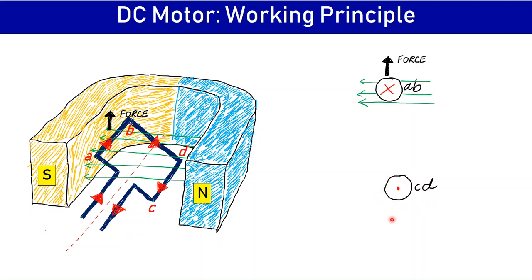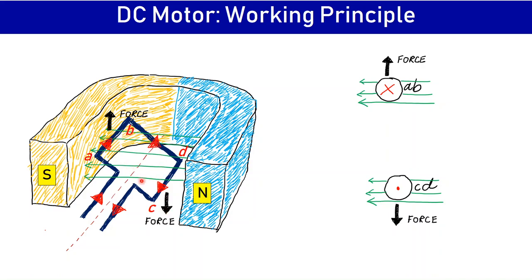So in this plane, we have marked it with a dot. The direction of field is again from right to left, and here also when we apply Fleming's left hand rule, we see that this conductor experiences a force which is downwards. So I have marked this force here in downward direction.